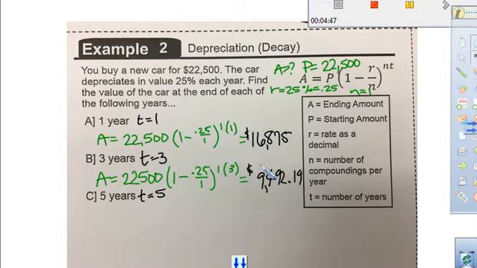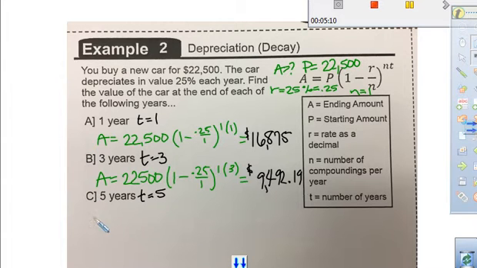So the first year it dropped almost 6,000. In the next 2 years it drops closer to 7,000, which you're seeing now is over 2 years, so it's declining less.